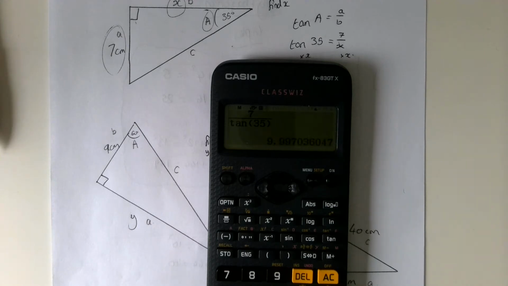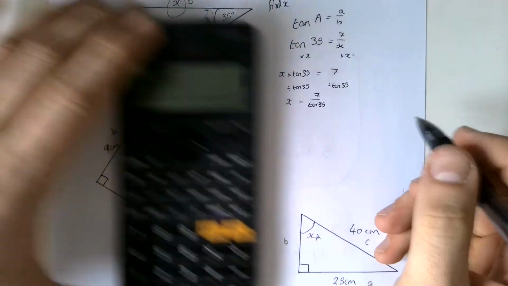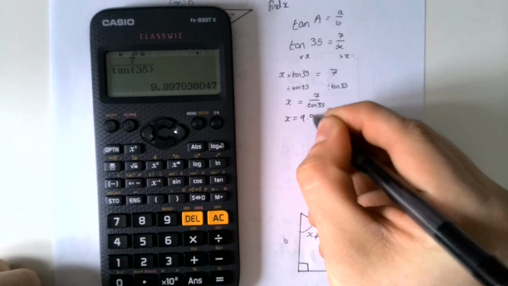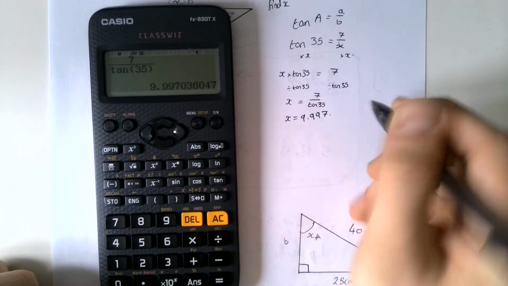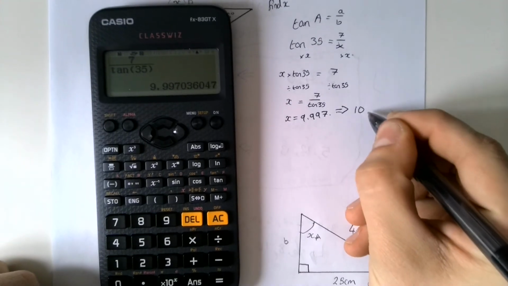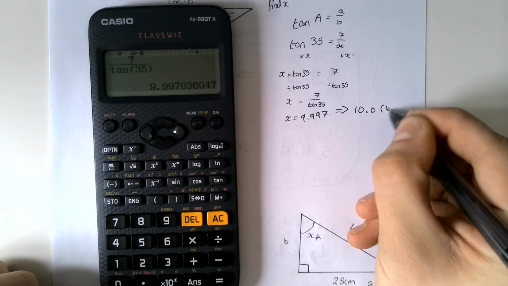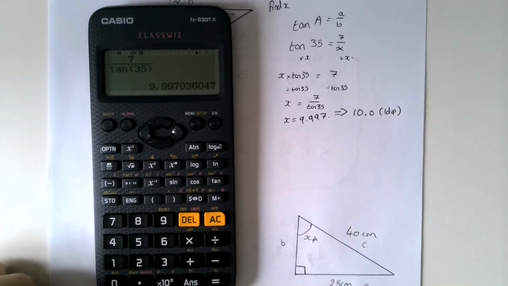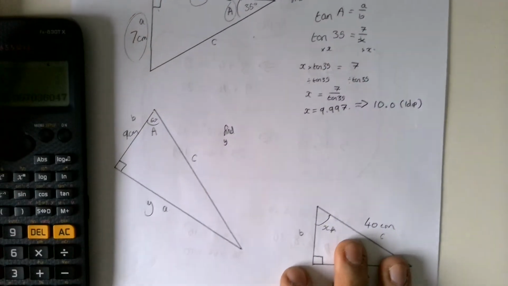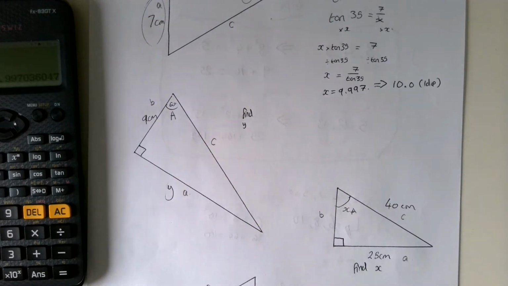I press equals, I get 9.997. Okay, so I'll write down the display first of all. So x equals 9.997, but let's be honest, we can round that to 10.0 if we go to 1 decimal place. Okay, so that's the first example.